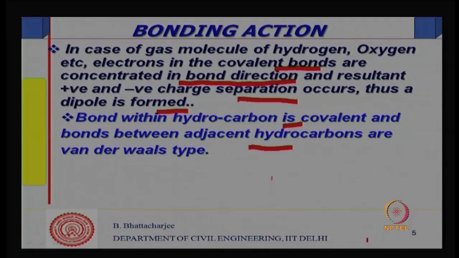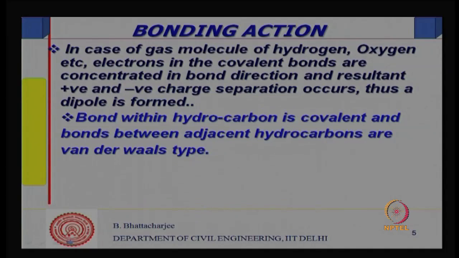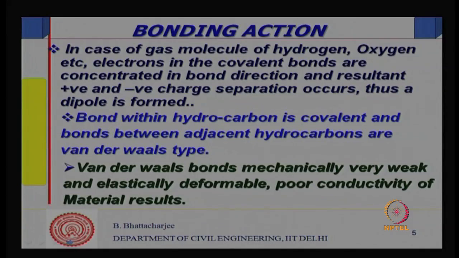For example, if you have carbon-carbon chains, these are all covalent bonds, but if I have 2 such chains, in polymer fibers for example, the bond between these two would be intermolecular type, like the van der Waals bond. So, they are bonded by weak forces.